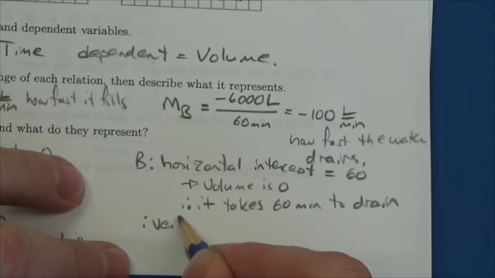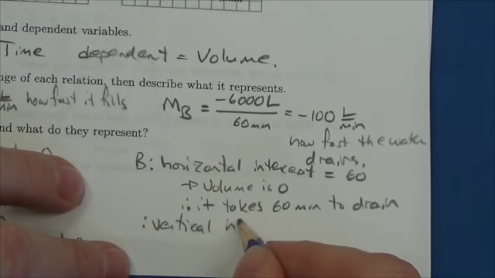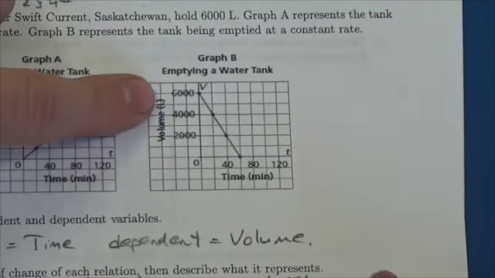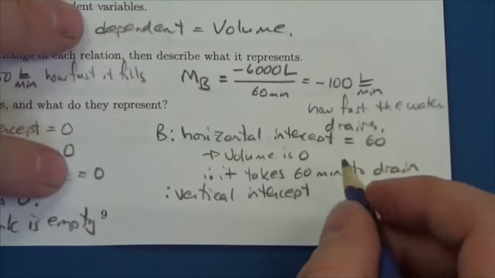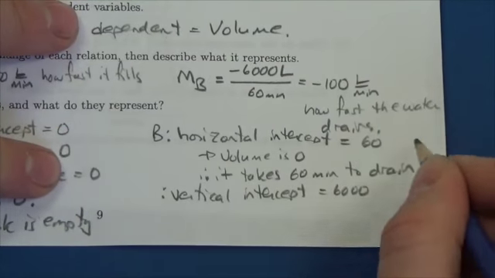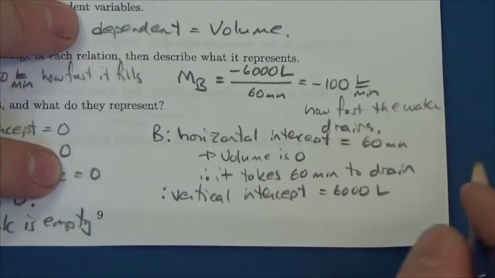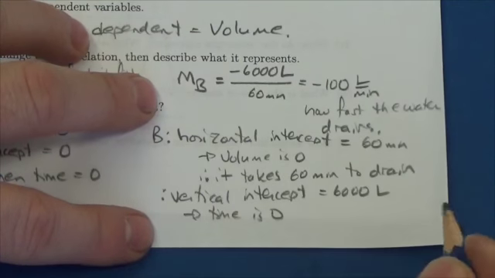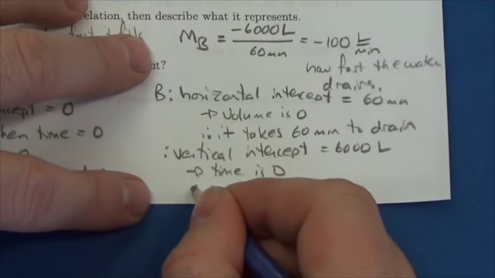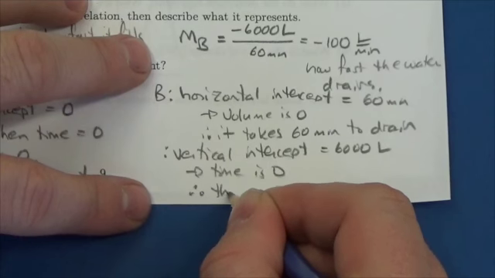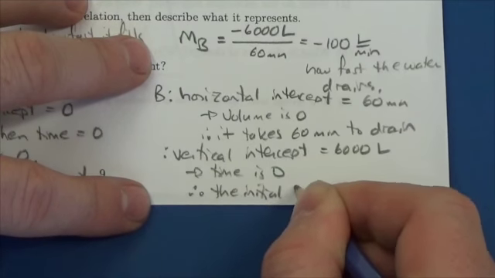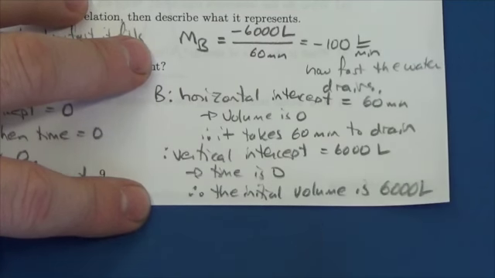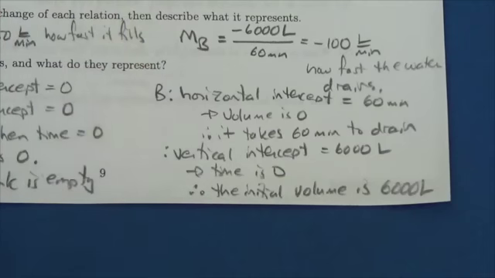My vertical intercept, I have to look at the graph again, is 6,000. Sorry, I should probably put units here: 6,000 liters. But notice that at this point time is 0. So what that means is that the initial volume is 6,000 liters. In other words, we start at 6,000.